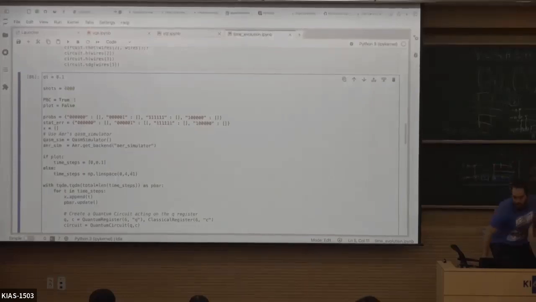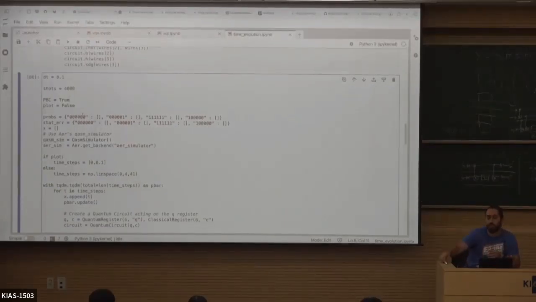That's all it does. Okay, so then I want to see how the state evolves. I choose certain state configurations, 4 different state configurations. If you want to choose a different one, feel free. And I'm going to compute the probabilities and state error because I'm using shots, okay?